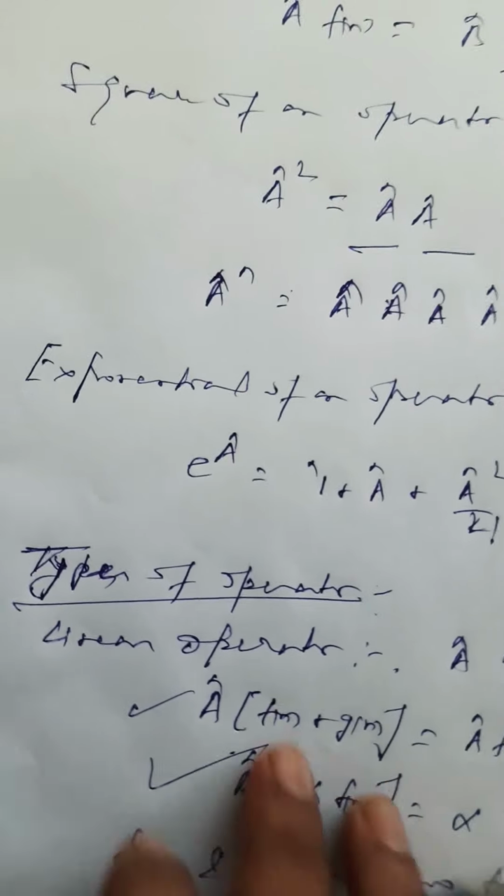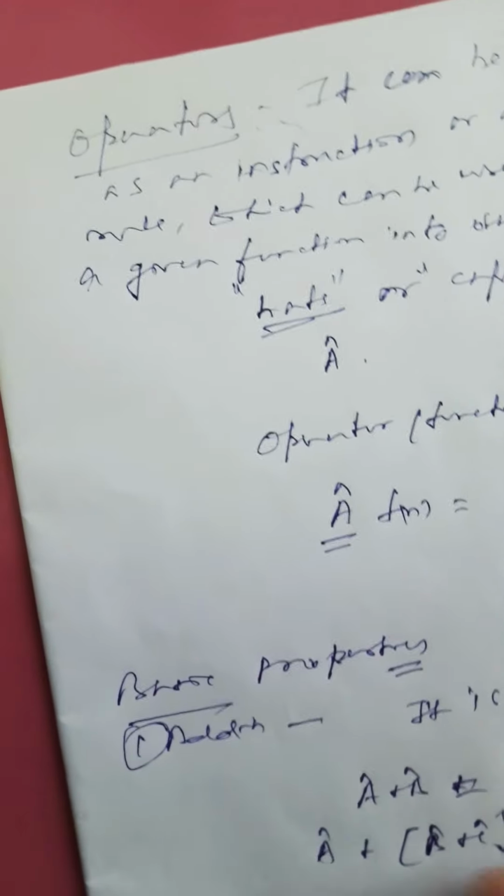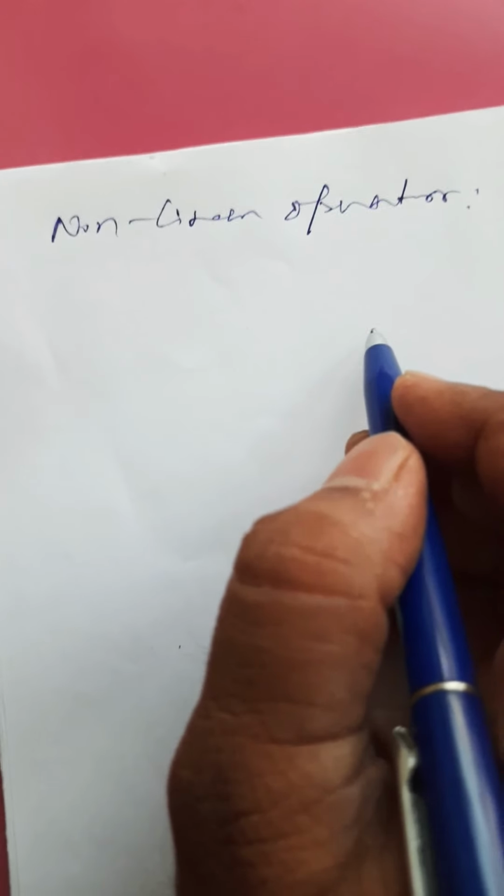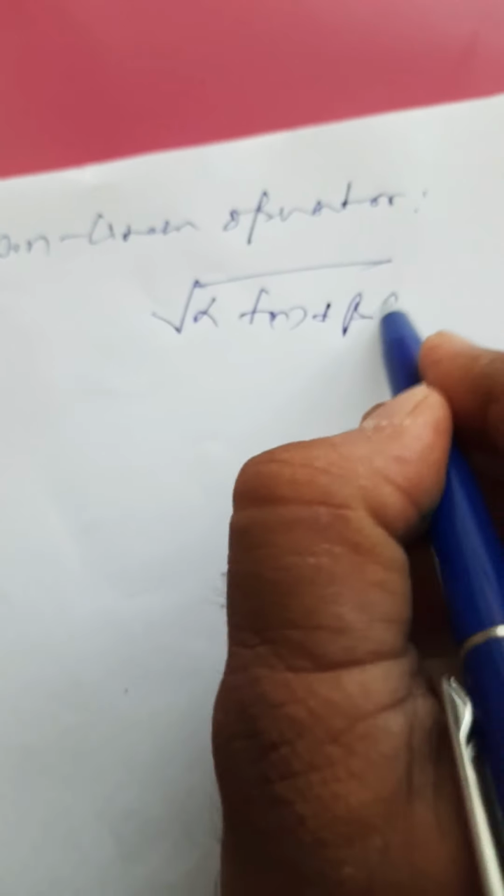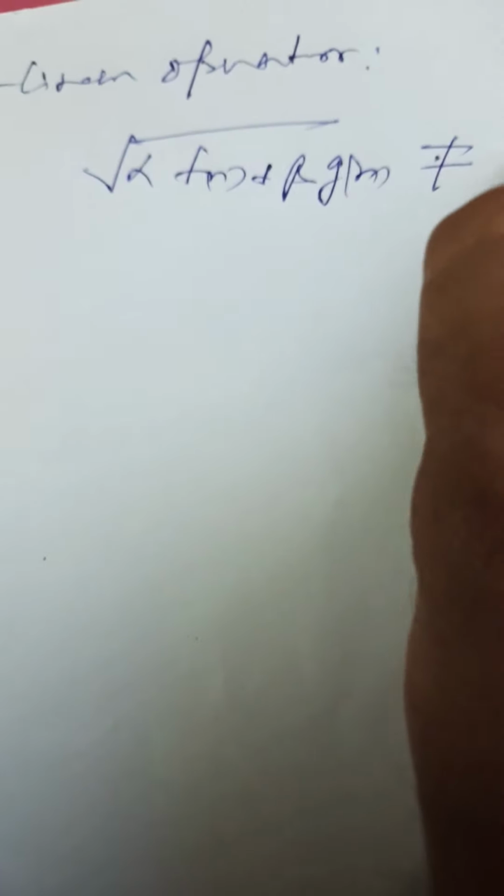The square root operator is a non-linear operator. Taking the square root operator as an example, the square root of alpha f(x) plus beta g(x) is not equal to alpha root f(x) plus beta root g(x).